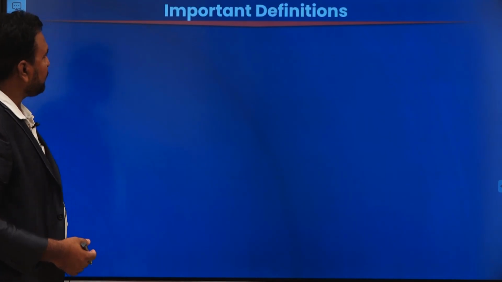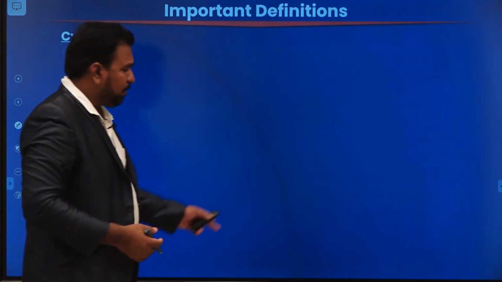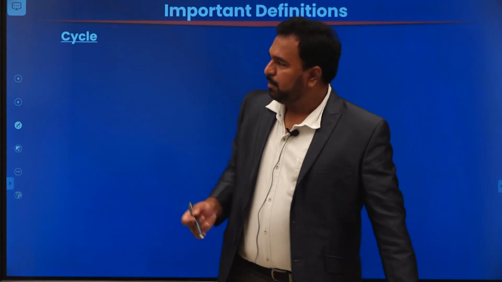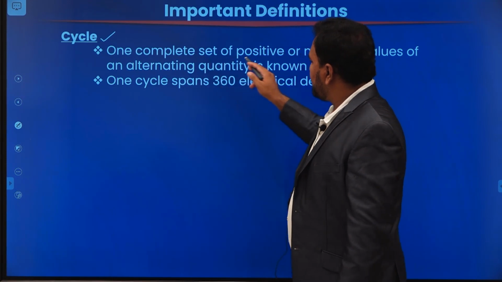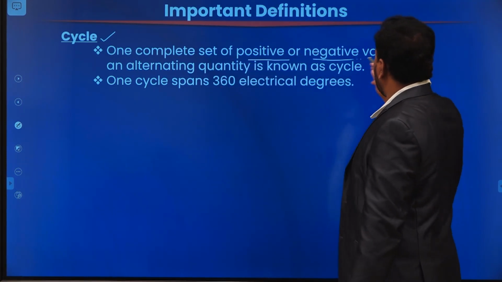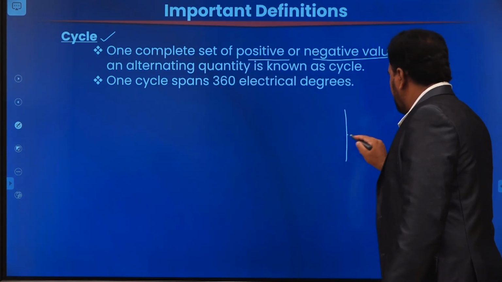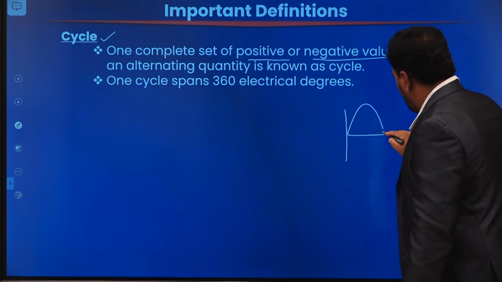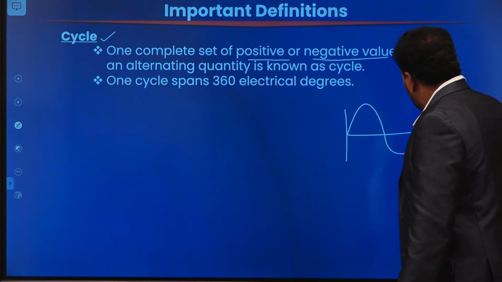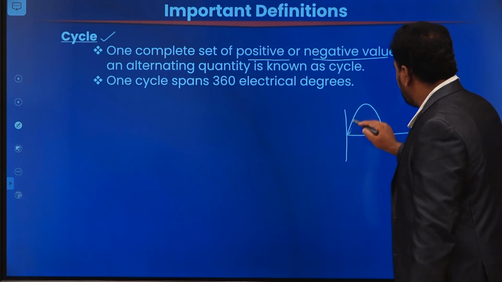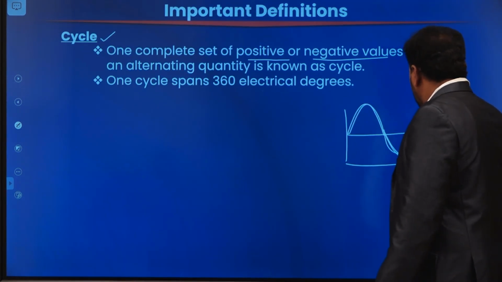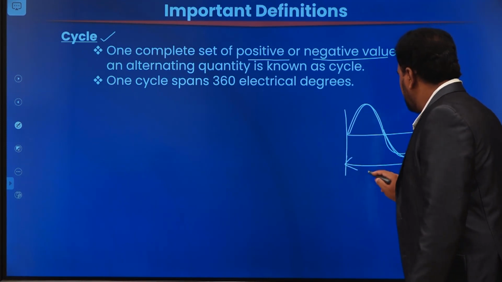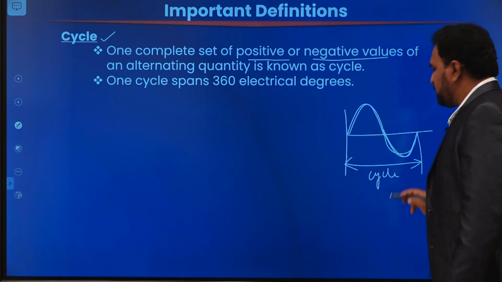Okay, let's move on to the next one. I told you that one cycle is one rotation, but in electrical terms we call it one complete set of positive and negative half values. That means when you draw a sinusoidal waveform, the set of one positive half cycle and one negative half cycle is called one cycle.